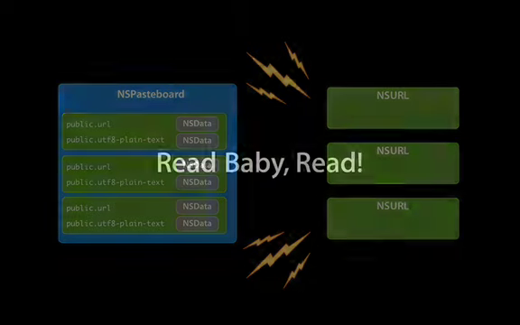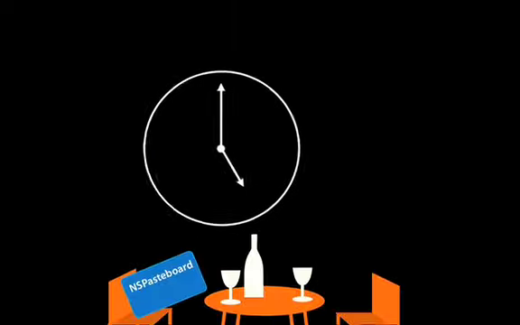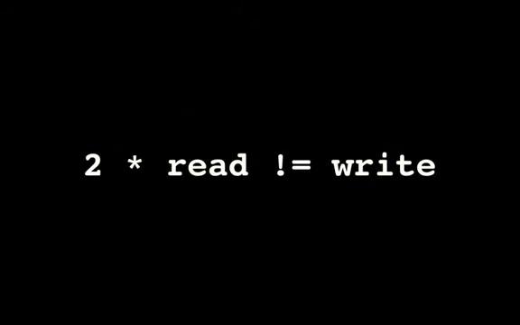Let's read. First get a pasteboard, specify some classes, then read them objects, also literally 1, 2, 3 to read them off the pasteboard, baby. Yeah, you can read all night, but don't leave the pasteboard lonely, no, 2 reads don't make a right.